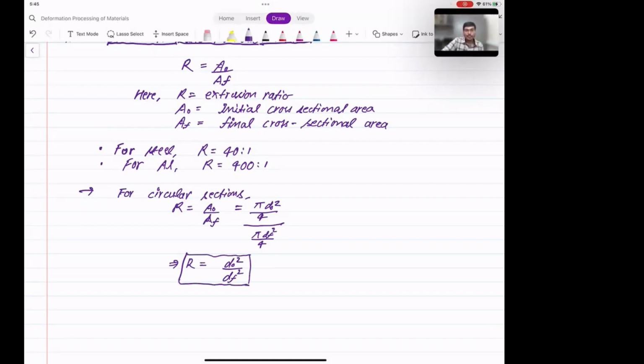Now, as I mentioned earlier, the fractional reduction, that is the reduction that we measure in terms of fractional change in area, is different from this. So let us see the relation between these two.